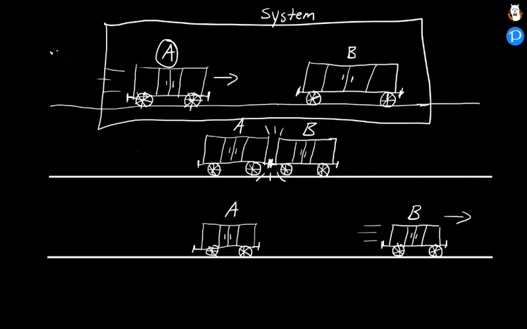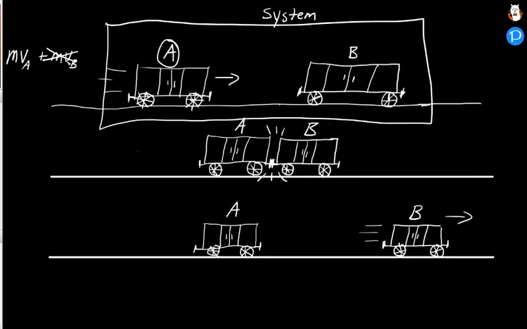So we would say the mass and velocity of A and the mass and velocity of B, those added together, is the total momentum of that entire system. Well, at the beginning, the mass and velocity of B is nothing because it has zero velocity, and so that goes away. So all the momentum at the beginning is with train car A.